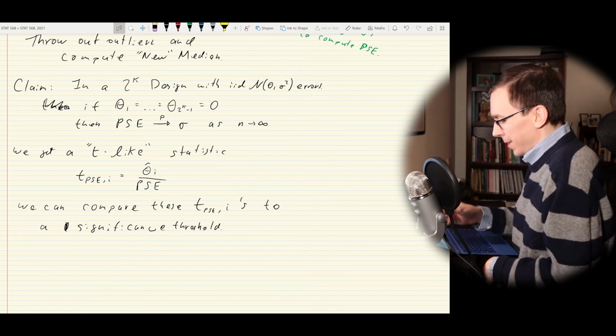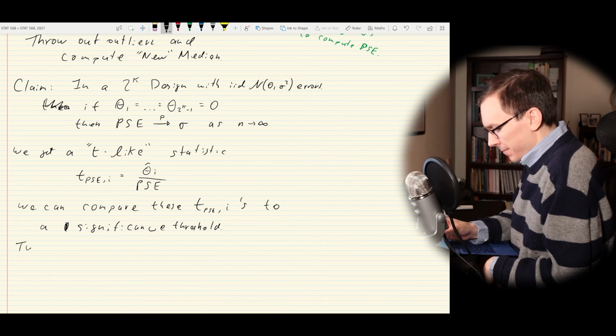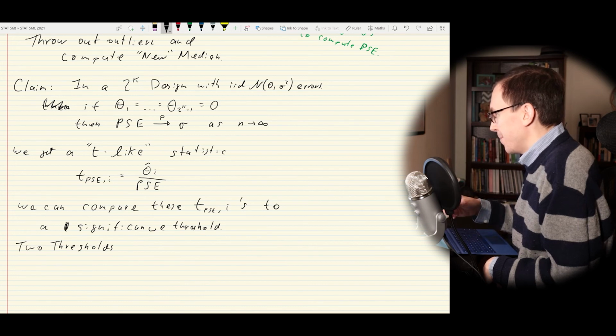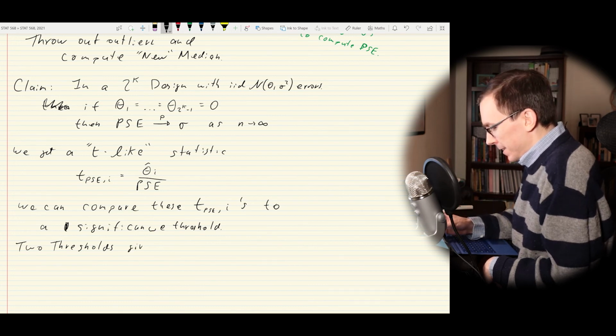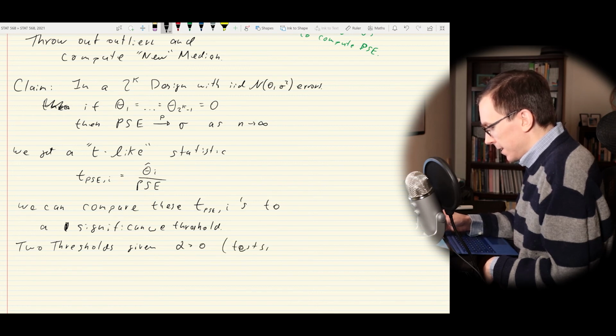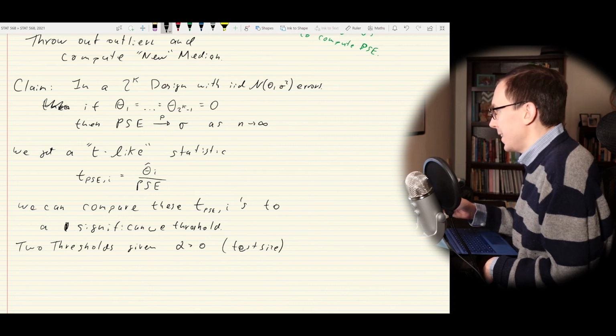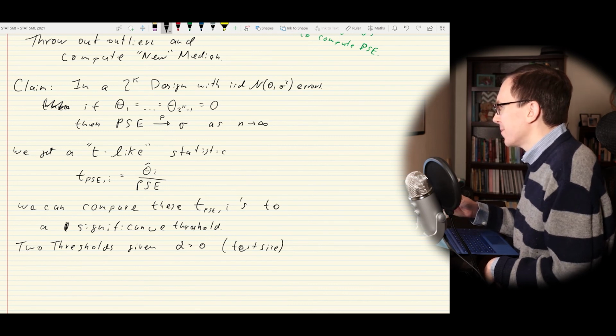There are two different thresholds. We'll say there are two thresholds given some alpha greater than 0, the test size. The first has a couple of different names.